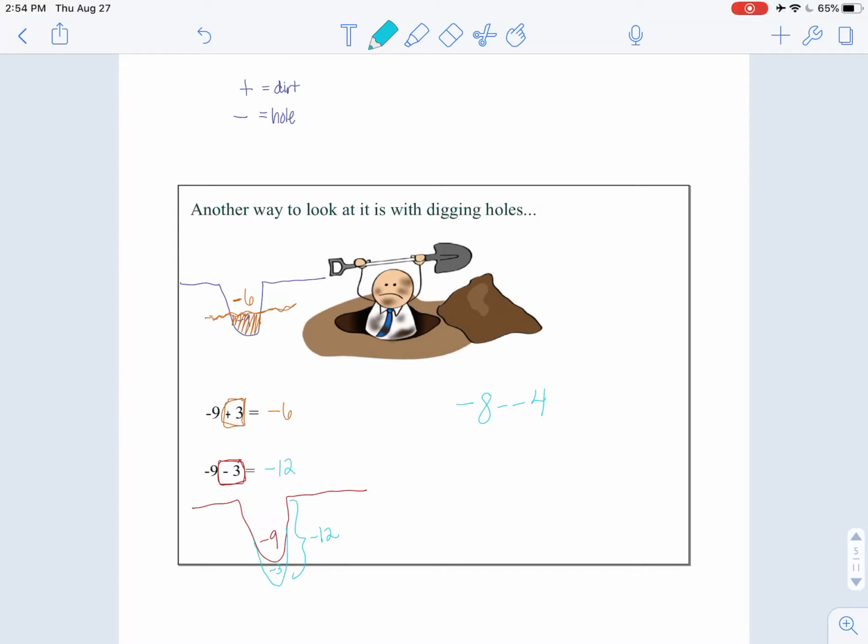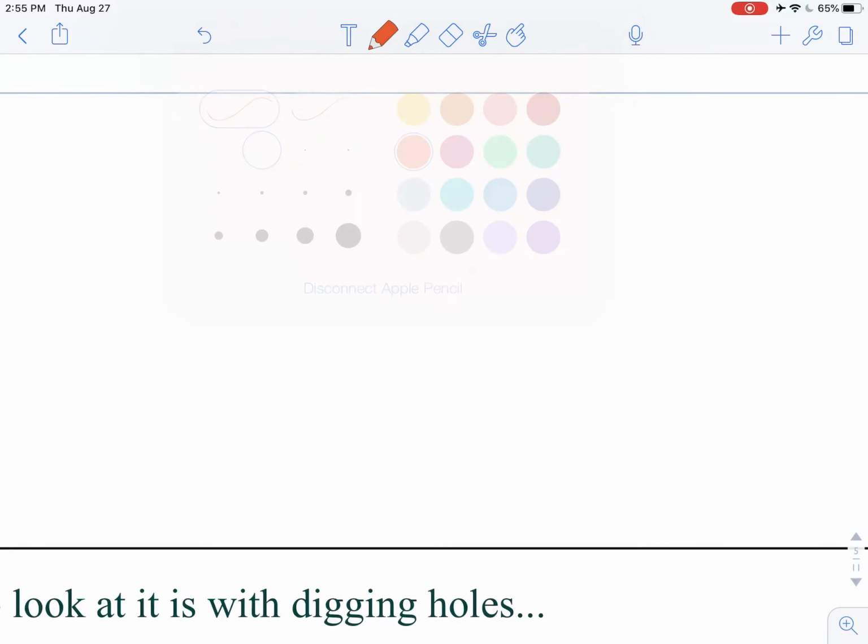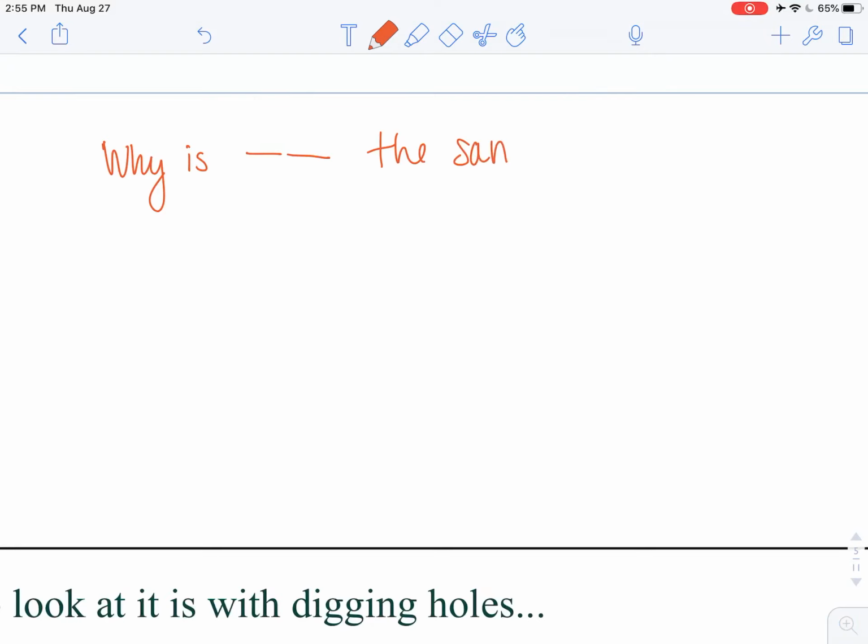So let's take a look at why minus a negative is the same as plus.